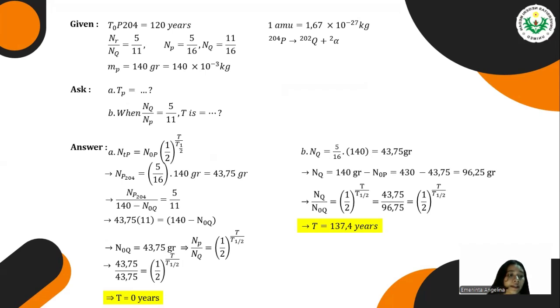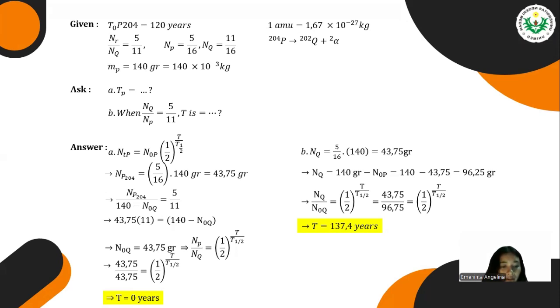And when the NQ over NP is equal to 5 over 11, NQ is equal to 5 over 16 times 140, which is equal to 43.75 gram. NQ is equal to 140 gram minus N0P. It means 140 minus 43.75 is equal to 96.25 gram.